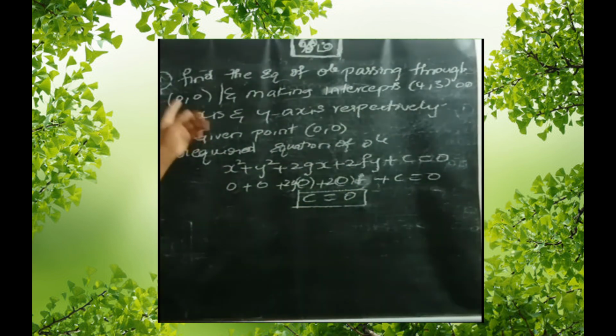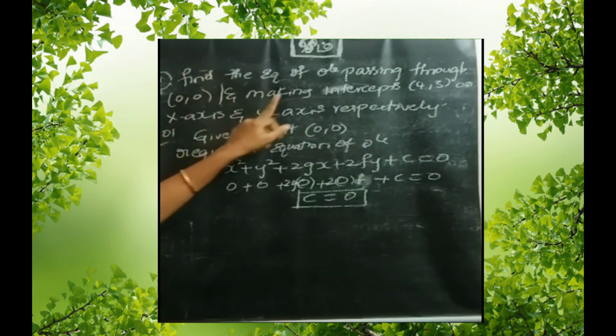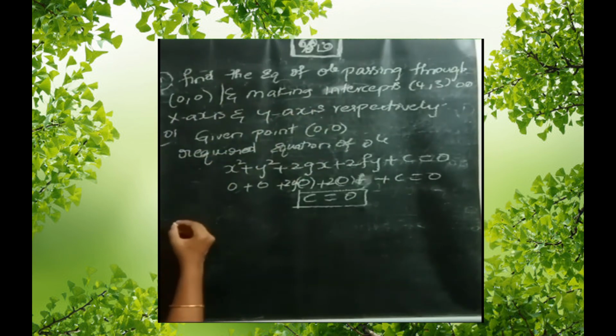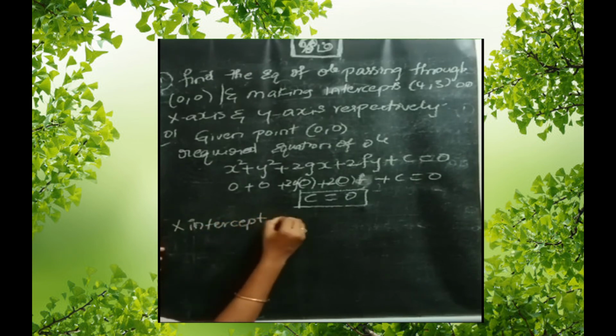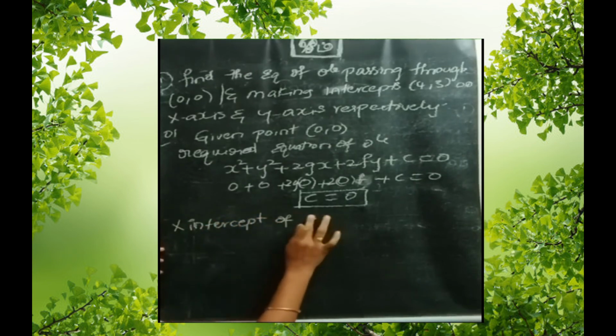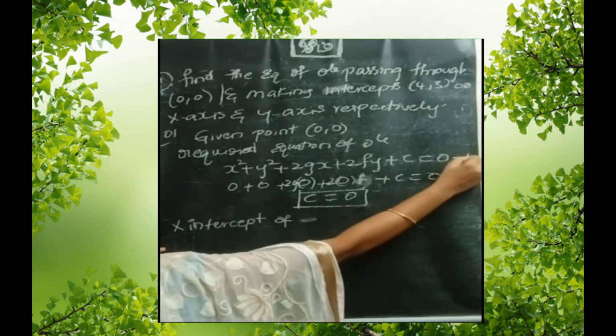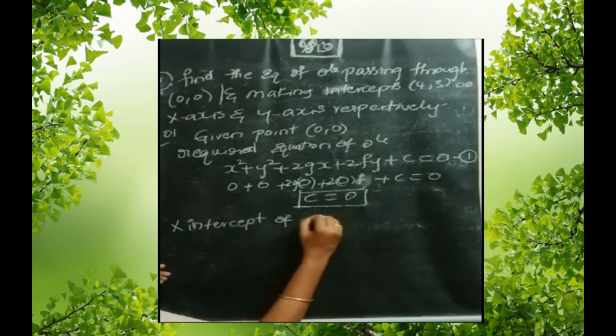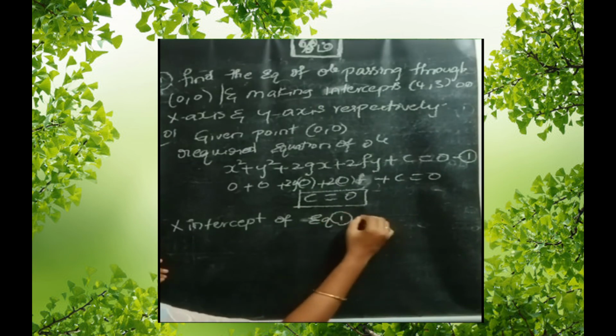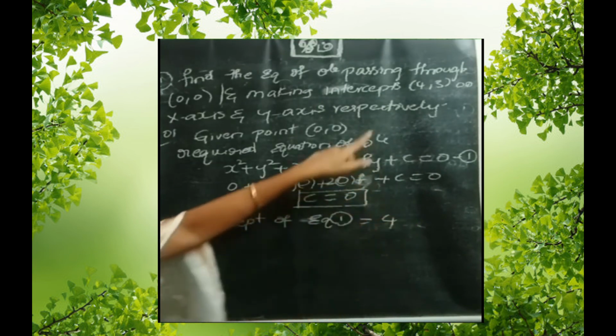Now, the equation of the circle making the intercepts. Let's think this is equation 1. The x-intercept of equation 1 equals 4, as they have given.